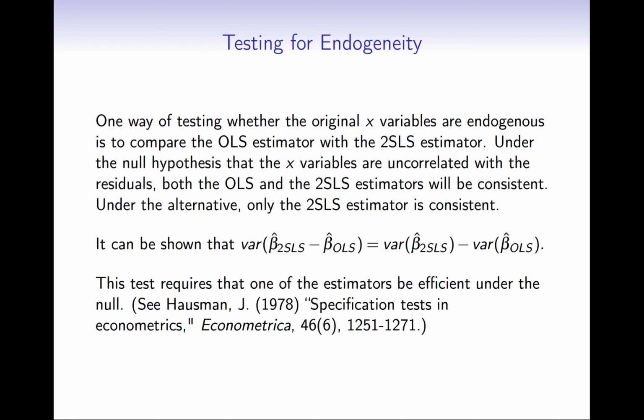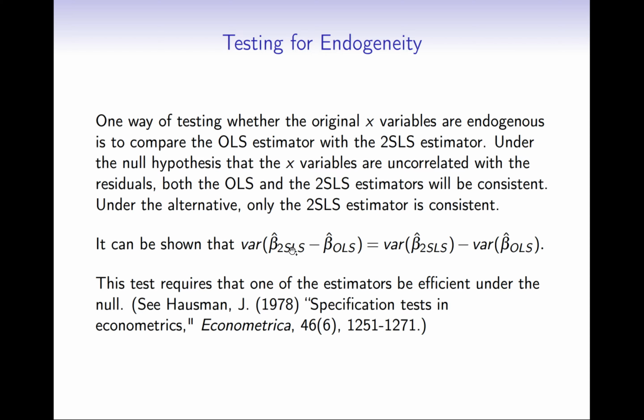It's this optimality property I talked about earlier in class, but it's only if the X's are exogenous. This is the efficient estimator, the best estimator in its class. But if you had valid instruments, then this would also be a consistent estimator.